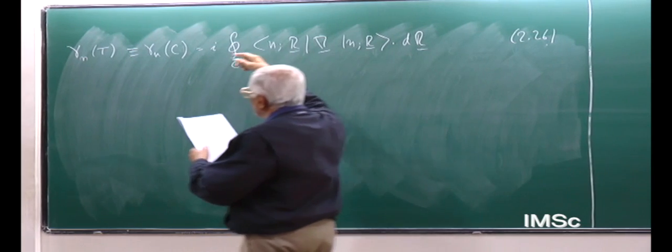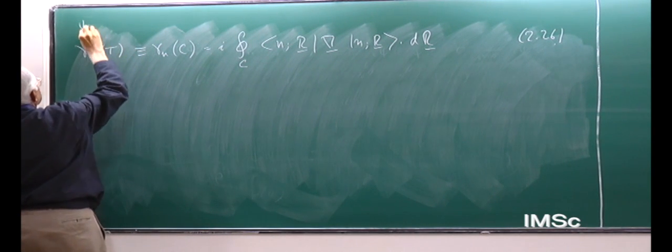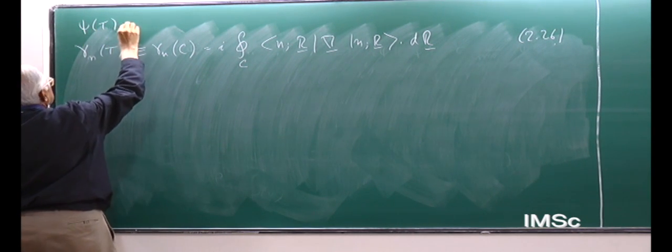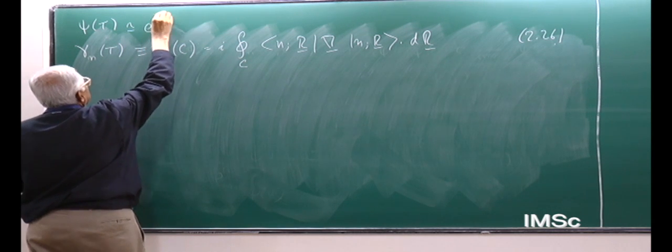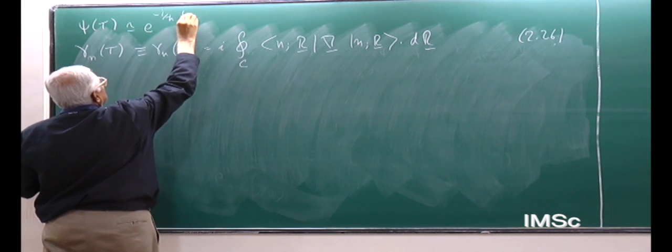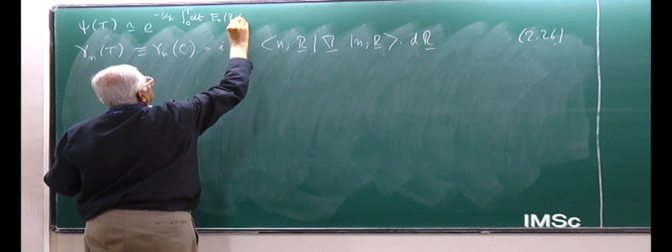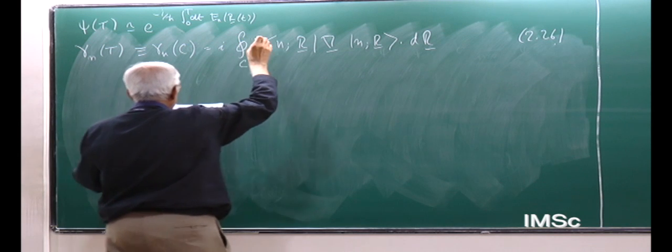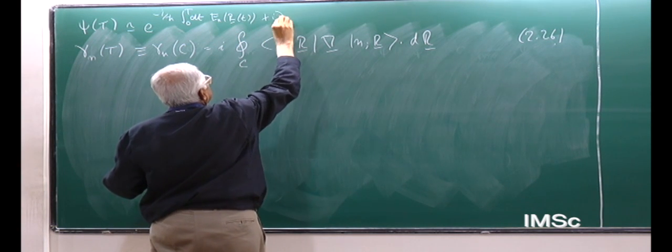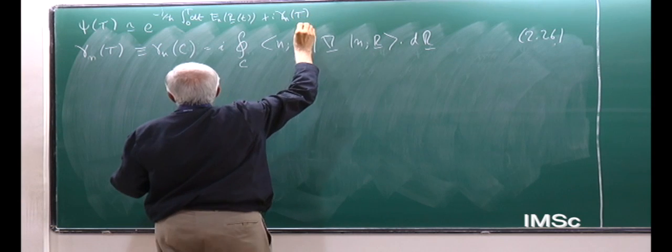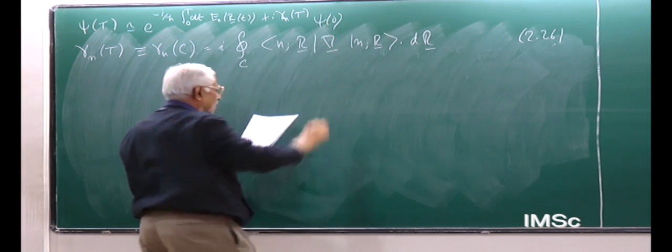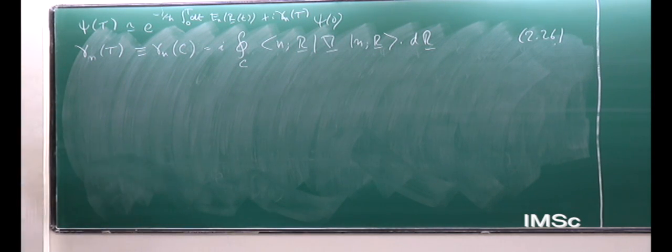So this is my equation 226. There is one more line which I have written above. Let me do that. This expression plus i gamma n of capital T times psi of 0. This is the sense in which the wave function, the solution through the adiabatic theorem, is itself cyclic for each n.